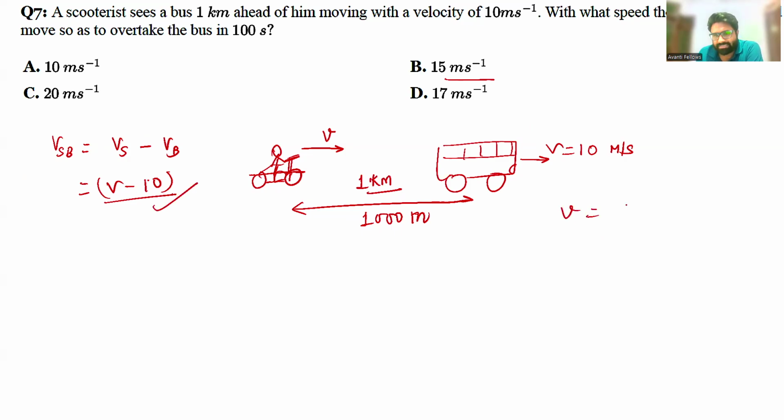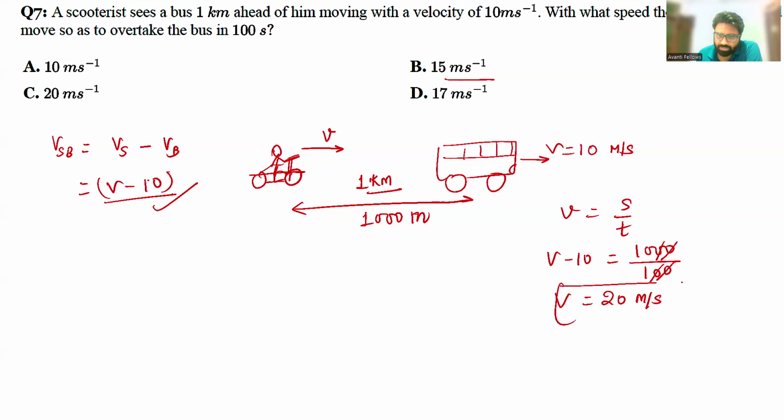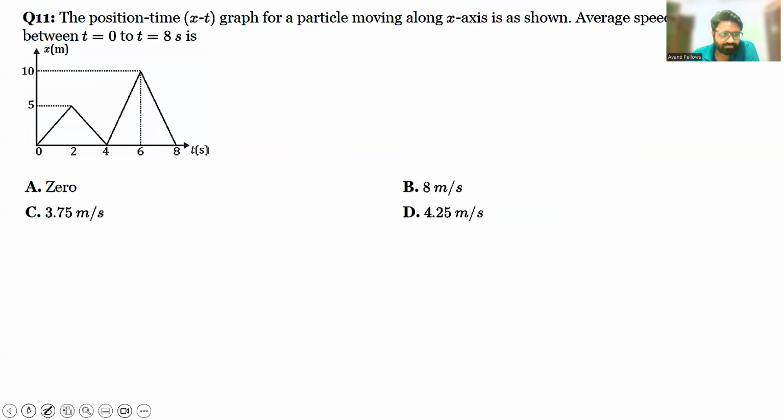So V is equal to S by T. V is v minus 10, S is 1000, and T is 100. So you can cancel out, and the velocity will become 20 meter per second. So the velocity of the scooter should be 20 meter per second to catch the bus in 100 seconds.